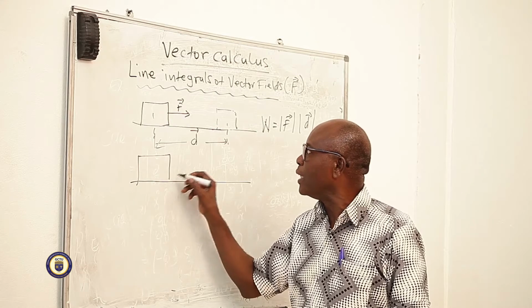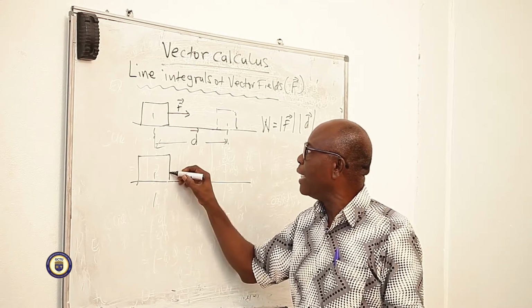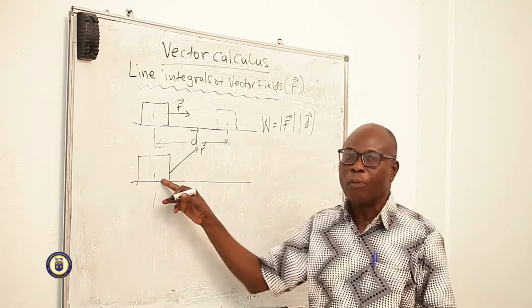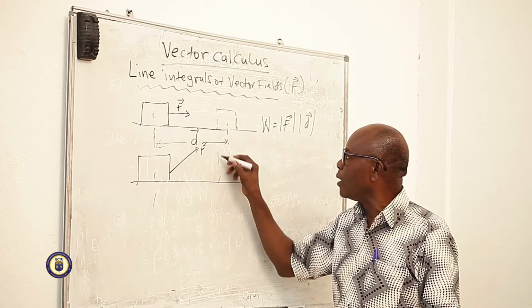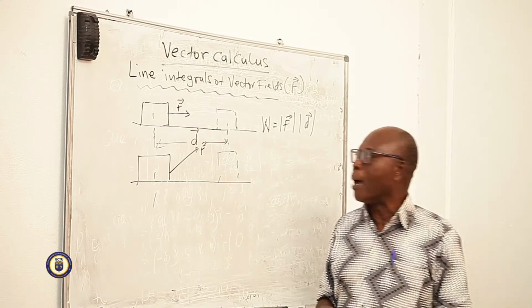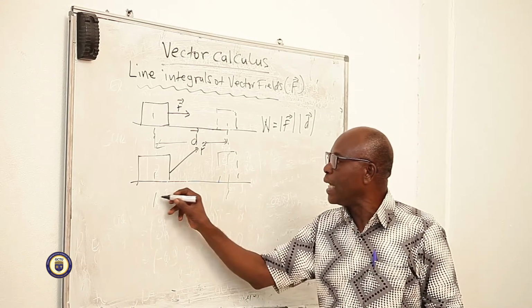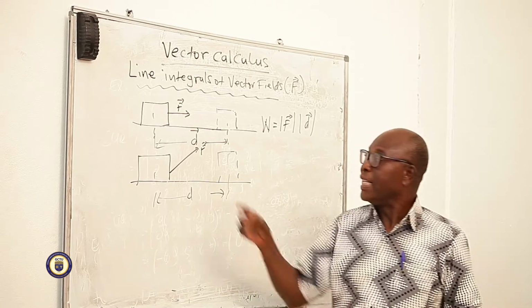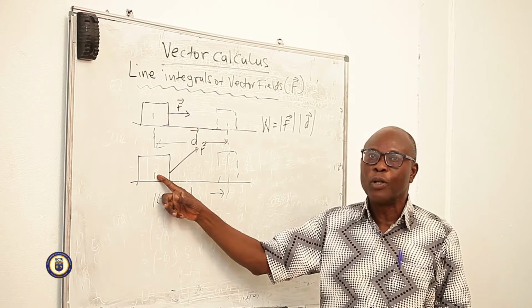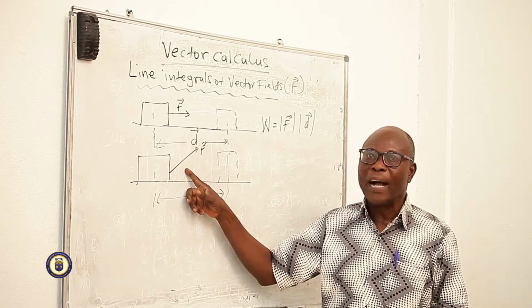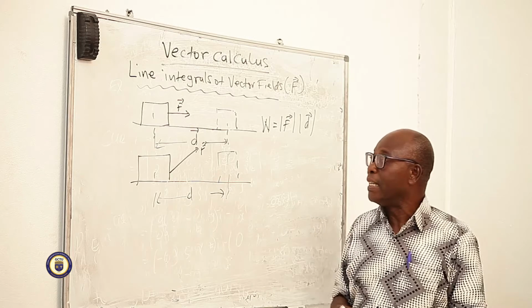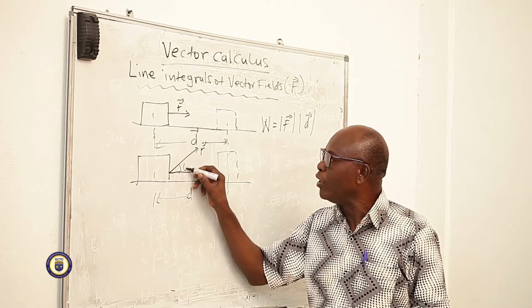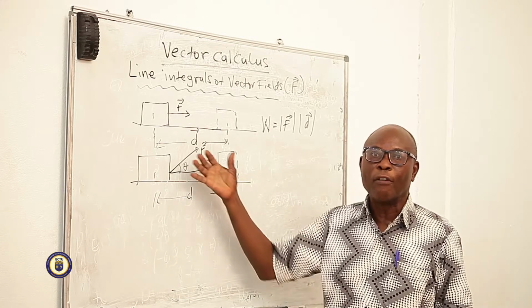So if you have the same object and the force is applied in this direction, and the object moves to this new position, then the distance we have is D. You see that the object moved from point A to point B, not by the force which is inclined, but we calculate the work done by the horizontal component of the force.